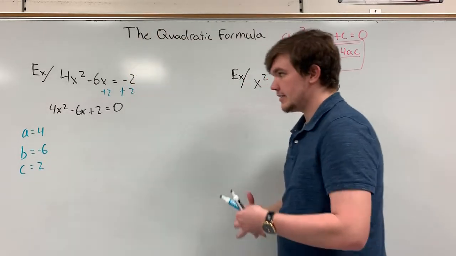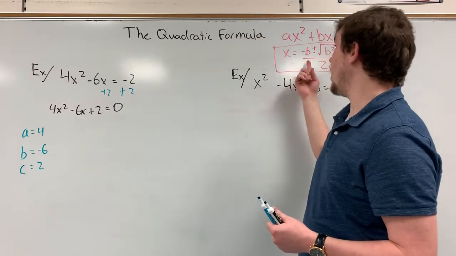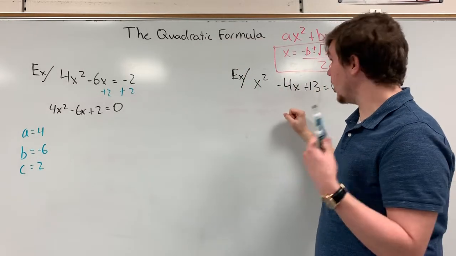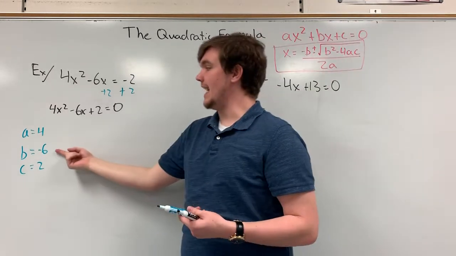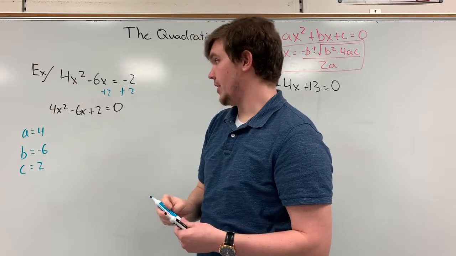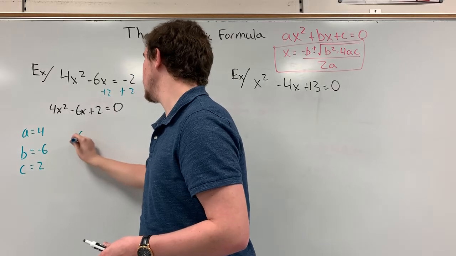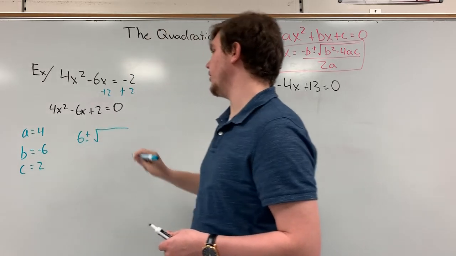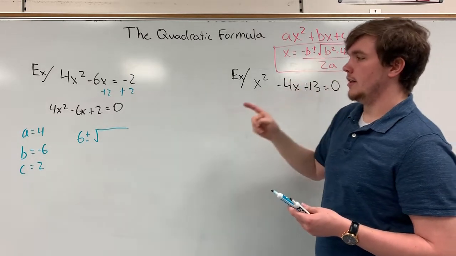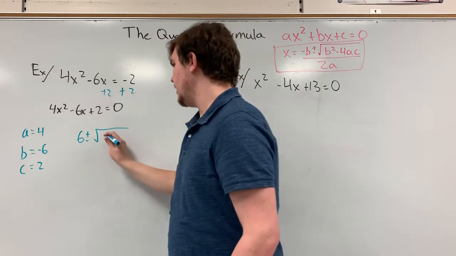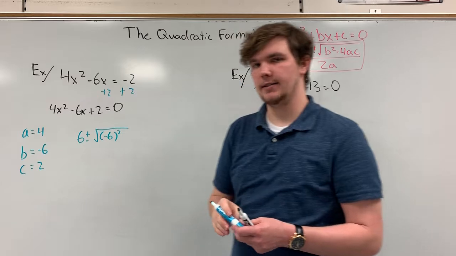Now let's take these three values and substitute them into my quadratic formula. To start with, I need the opposite of b. The opposite of negative 6, I think we know, is positive 6, plus or minus the square root of, and then I need b squared, so I need negative 6 squared. I'm going to write that negative 6 in parentheses because I don't want to get confused with my negatives.